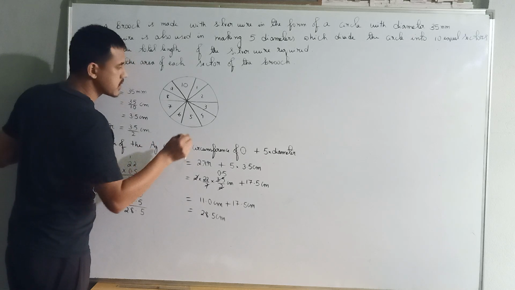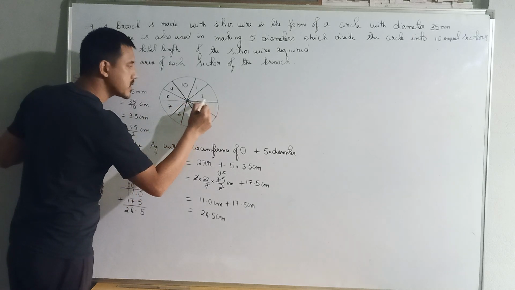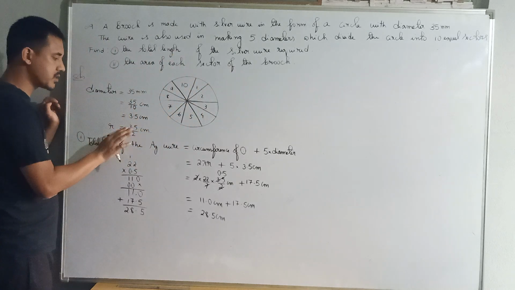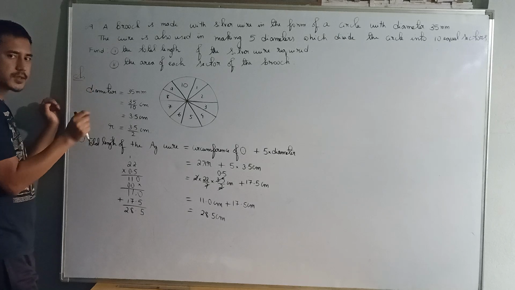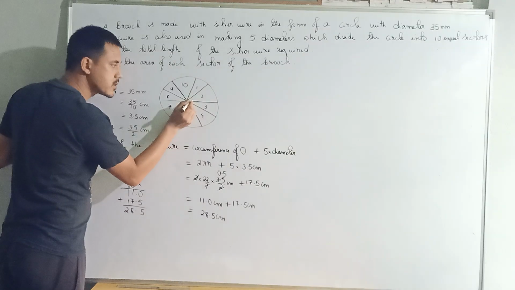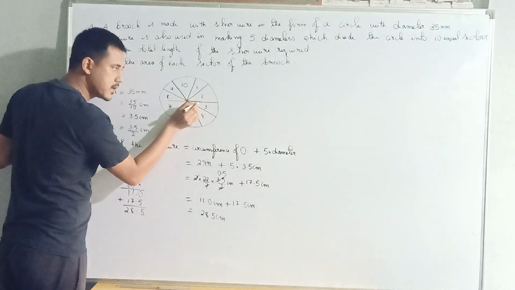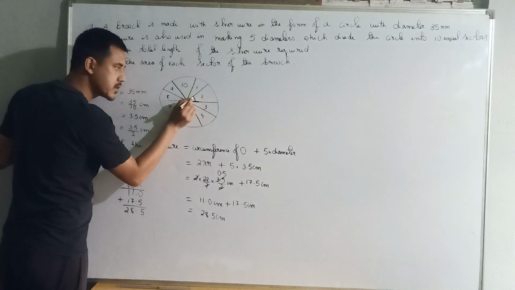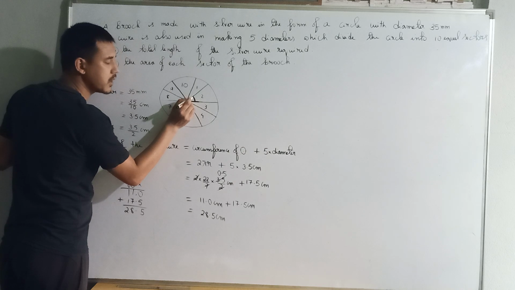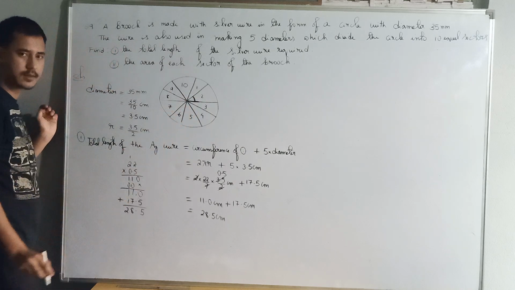Then in that case, the radius of the circle is known to you, which is 3.5 upon 2 centimeter, and we need the angle of the sector. Suppose this sector has this much angle at the center. So this will be the angle at the center. Now how do you find the angle at the center or angle of the sector?